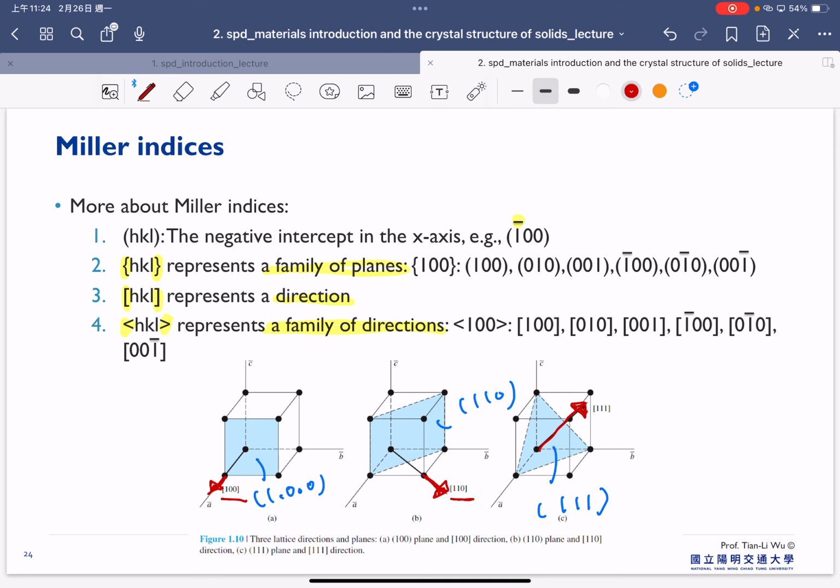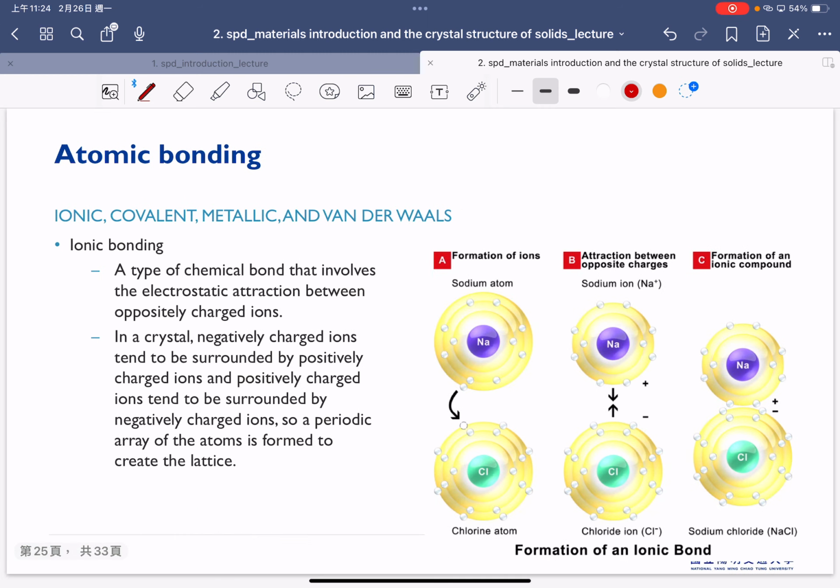And when we consider bonding, this is just a quick, general introduction. There can be several different bondings. The first one can be the ionic bonding, covalent, metallic, and van der Waals. Consider the ionic bonding: it's a type of chemical bond that involves the electrostatic attraction between oppositely charged ions.